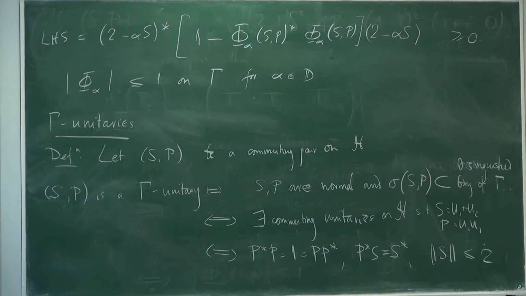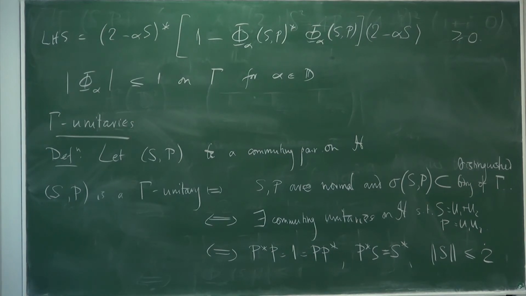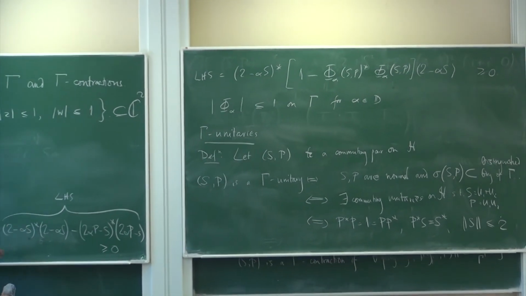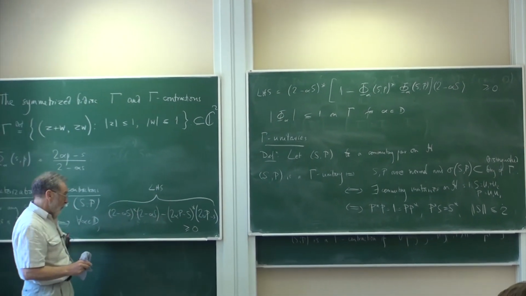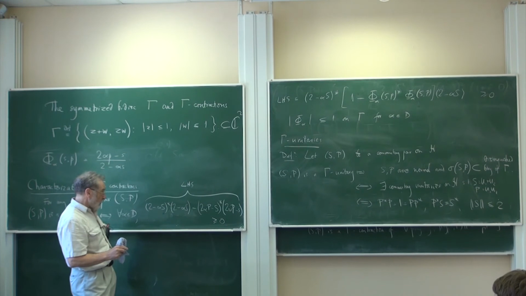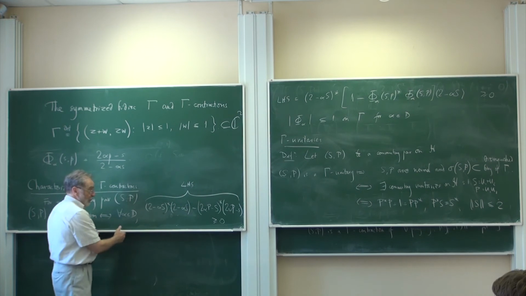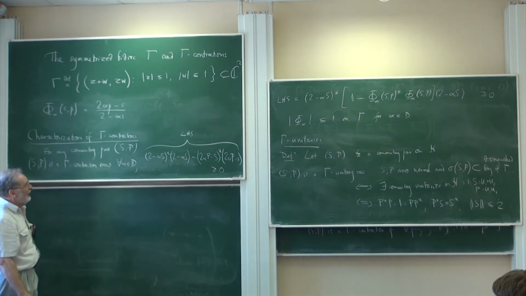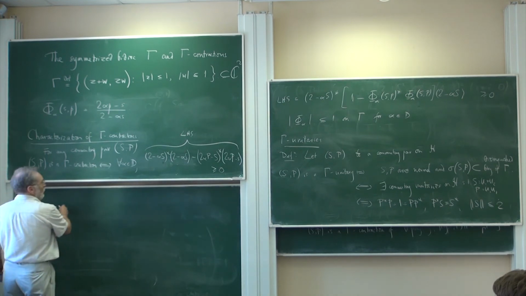Sorry, is it possible to give a definition of gamma unitary contraction in terms of this estimate of the left-hand side? Yes. If you just expand this out, well, we could do it. Let's take alpha to be in the unit circle to make it a bit easier. So what do we get?